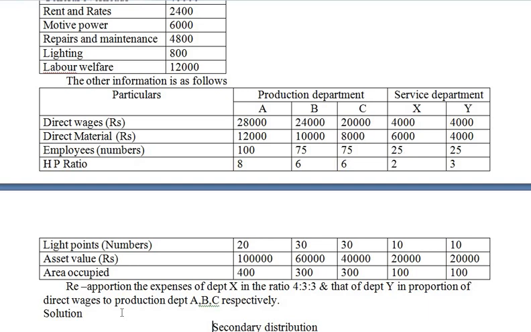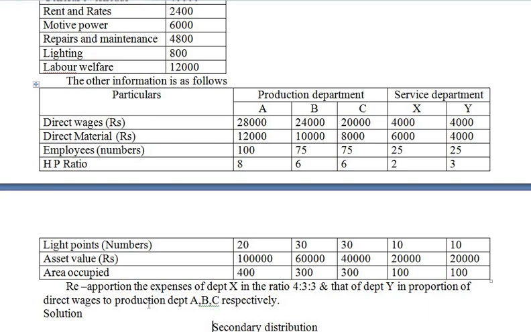Now this problem is under secondary distribution. How will you get to know it is a secondary distribution problem? Here they say reapportion the expenses of department X in the ratio 4:3:3. Department X is a service department. So whatever total overheads we get here, that has to be distributed to A, B and C in the ratio 4:3:3.